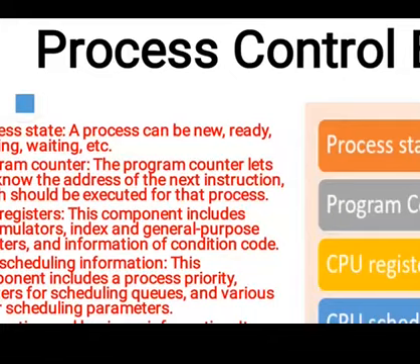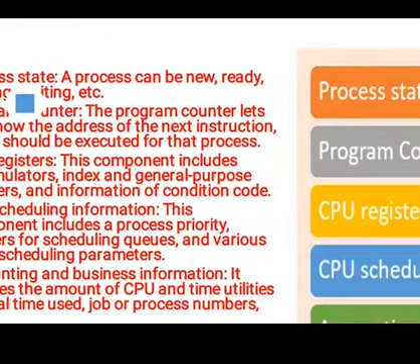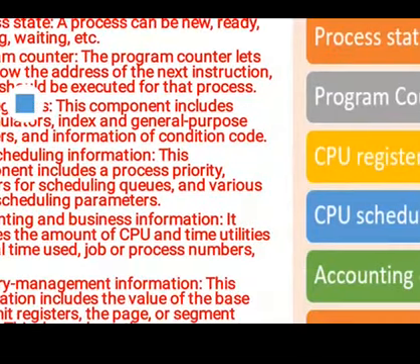The program counter lets us know the address of the next instruction which should be executed in this process. CPU registers: this component includes accumulators, index registers, general purpose registers, and condition code information. CPU scheduling information: this component includes the process priority, pointers for scheduling queues, and various other scheduling parameters.